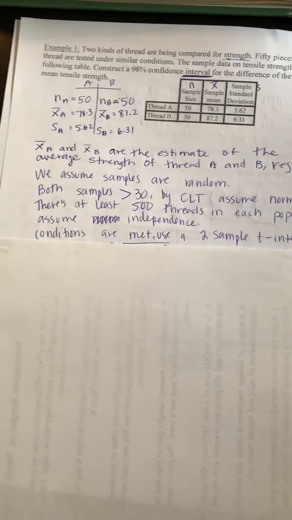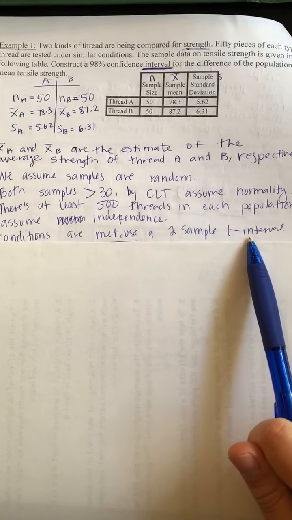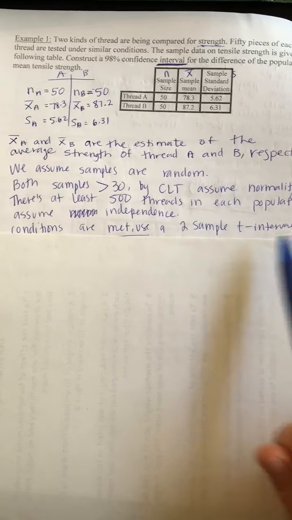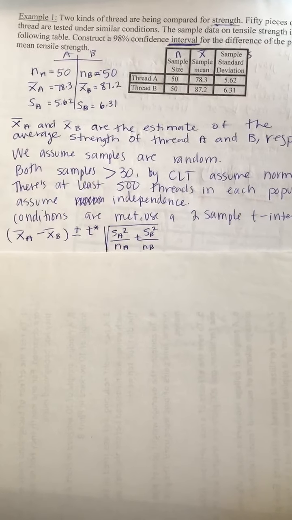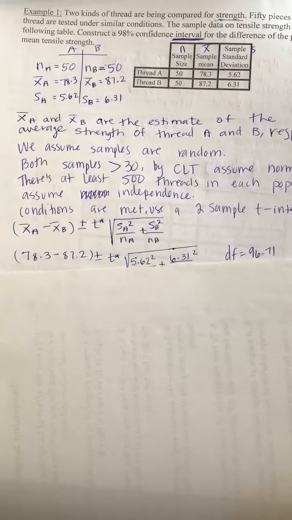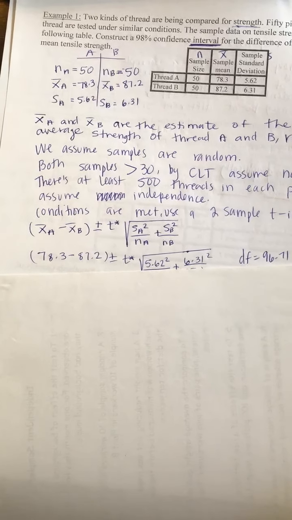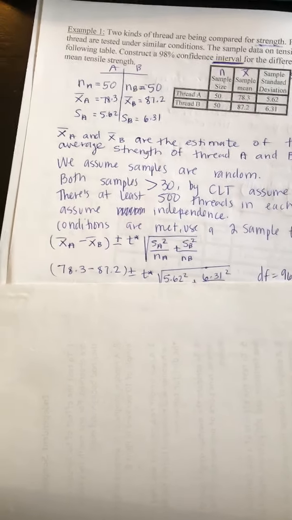Okay, so this is a new one. It's called a 2-sample t-interval. And then you write the formula, the long formula that I showed you, this one. And then you write in the values, but the way that you're gonna get the interval is on the calculator.